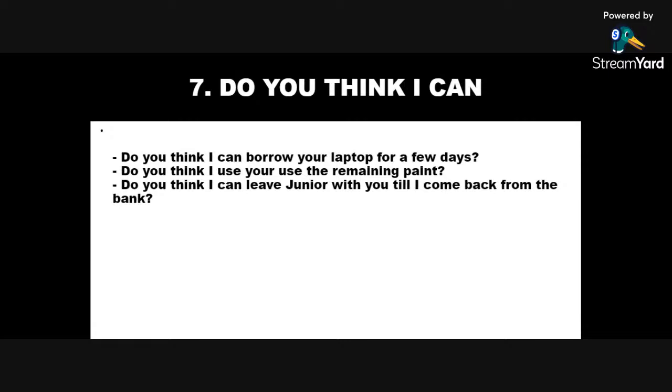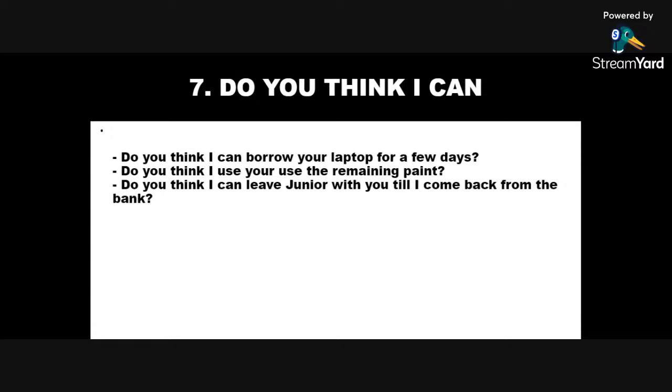Does he or she have an urgent thing to do with this laptop? Would granting this permission bring some loss to him? All right. Do you think I can? So you want the person to consider and see if it is possible. If it is not possible, so be it.